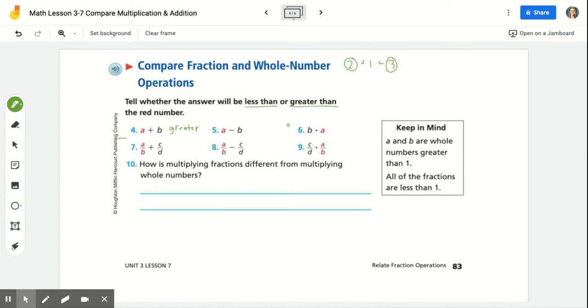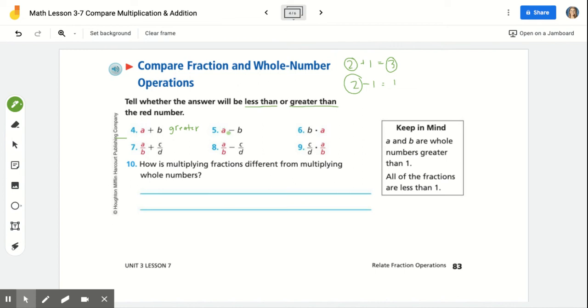And let's keep going with numbers 5 and 6, replacing them with the easy peasy numbers. So the number 5 is A minus B. Let's replace them with, what's 2 minus 1? We're going to be comparing our answer to 2. 2 minus 1 is equal to 1. Is 1 greater or less than 2? It is less than. So that goes along with the rule, and we know this from first grade.